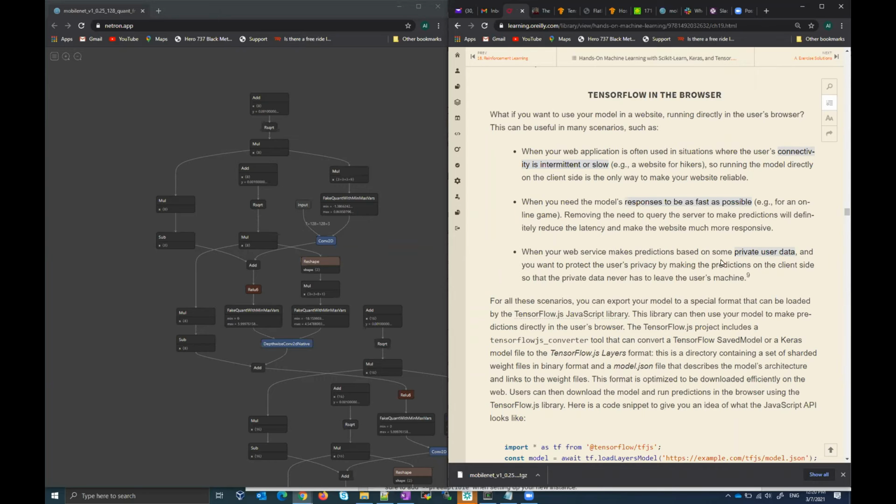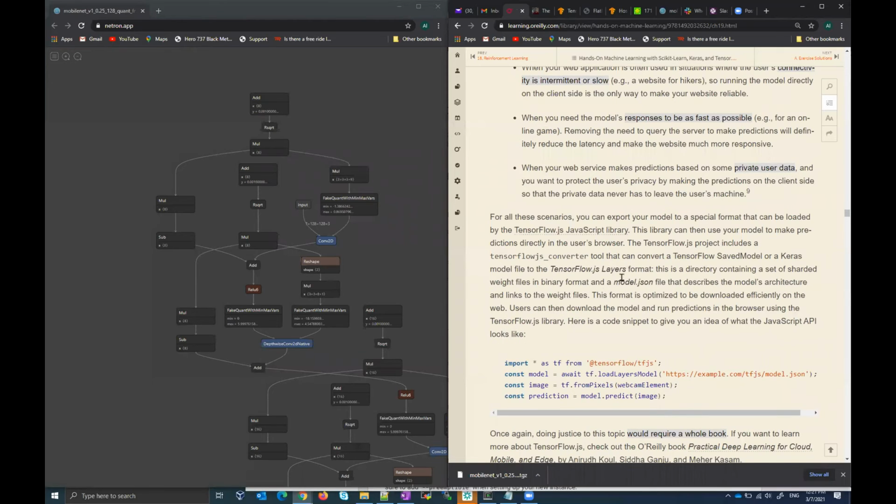And also, this is interesting for me, at least, because you can, in some way, guarantee that your private data is not going through the internet and is not stored in any server, right?